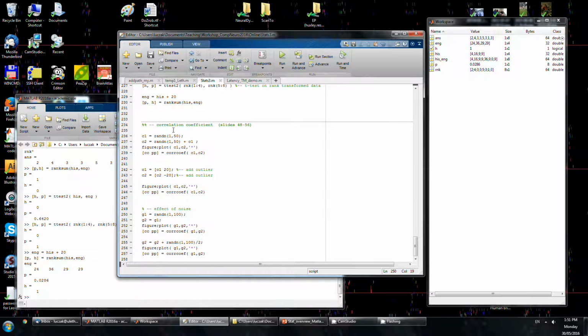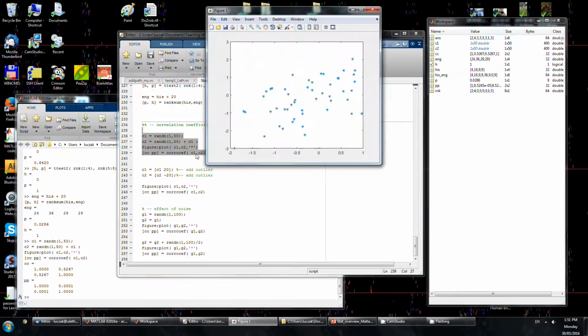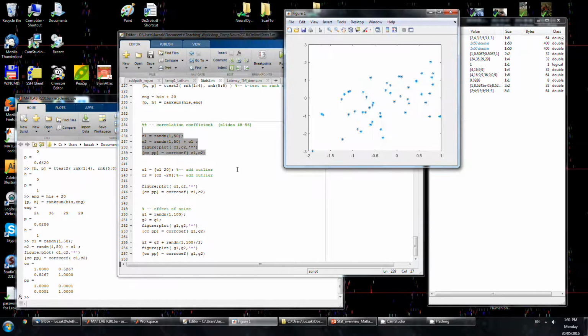But to calculate the correlation coefficient, we can use the function corrcoef in MATLAB. Here I generate 2 random data sets. How am I making those 2 data sets correlated?